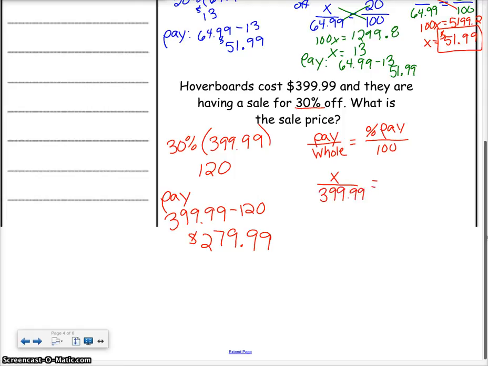If I get 30% off, then I pay 70% over 100. 100x equals 399.99 times 70 is 27999.3. Divide it by 100 and you get x equals 279.99.